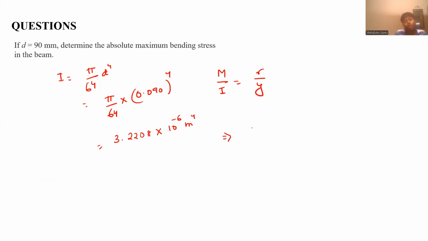Now, M, how much did we get from the previous slide? It was 11.4 kilonewton meter, so 10 to the power 3 Newton meter, divided by 3.22 into 10 power minus 6 meter power 4, and y will be d by 2, which is 0.045, and that will provide us the maximum bending stress.